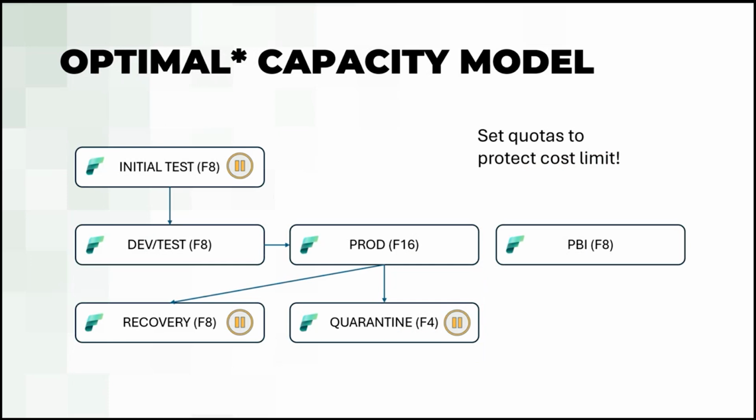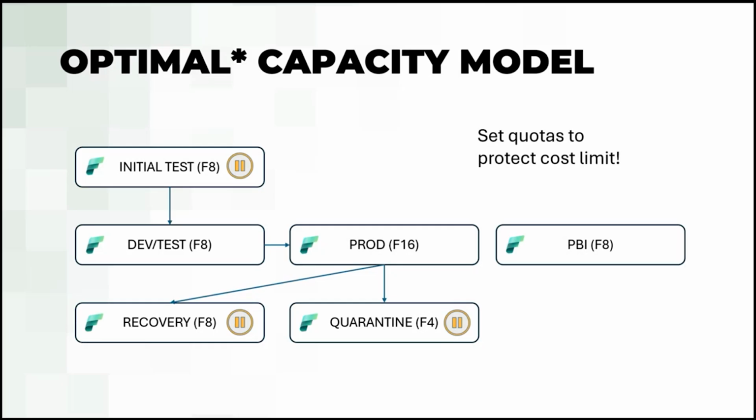This is my capacity model. This is what I'm using at the moment, and it's working quite well. So we have our initial set of capacity, which is where our pilot's going to take place. That's where new products and projects are all going to work in this one capacity.